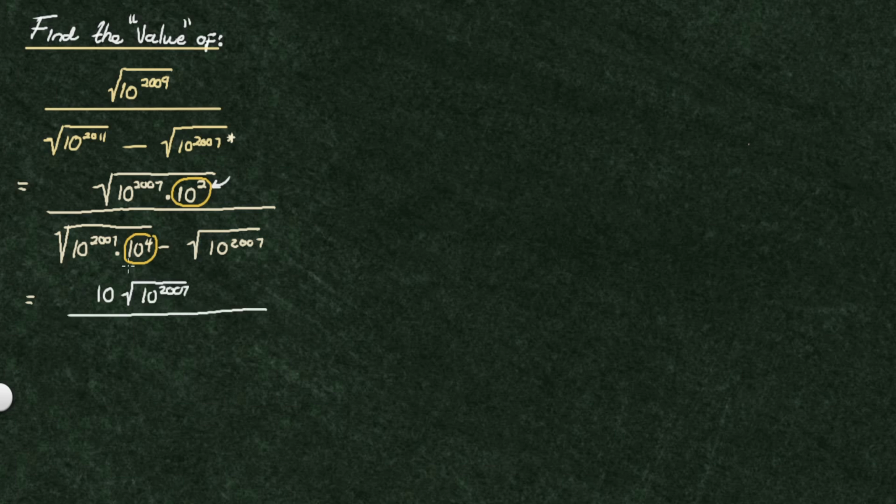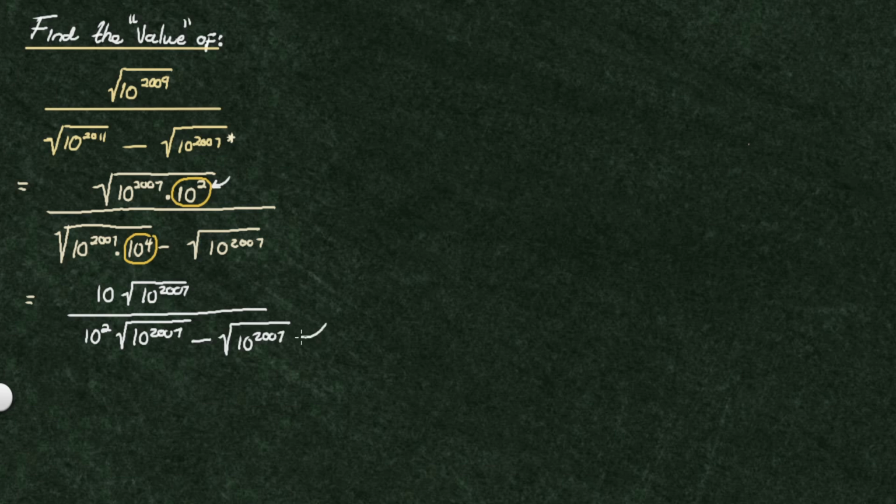You do the same thing with the one power below. So the square root of 10 raised to exponent 4, that's going to be 10 raised to exponent 2. The square root of 10 raised to exponent 2007 minus the square root of 10 raised to exponent 2007.